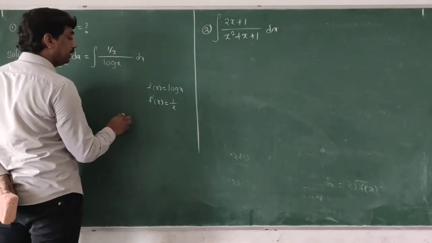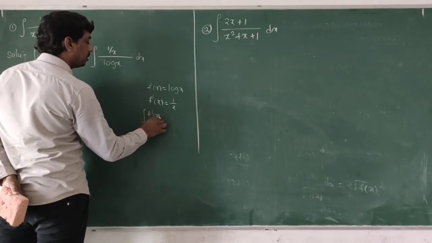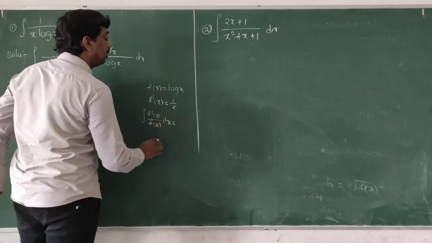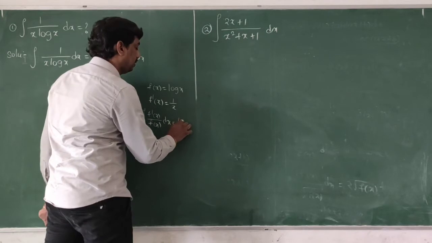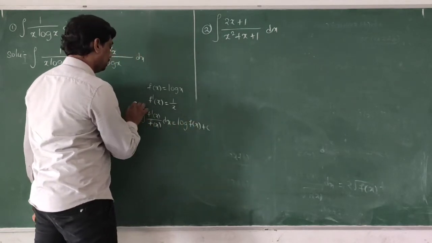So what is the formula for integration of f dash x by f of x? Yes, log of f of x plus c. This is the formula.